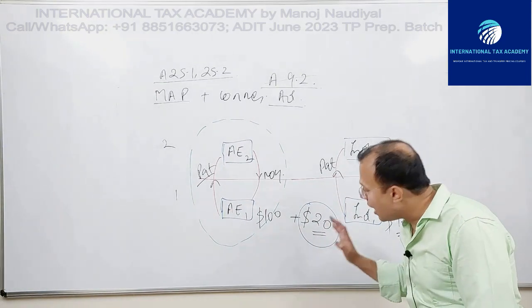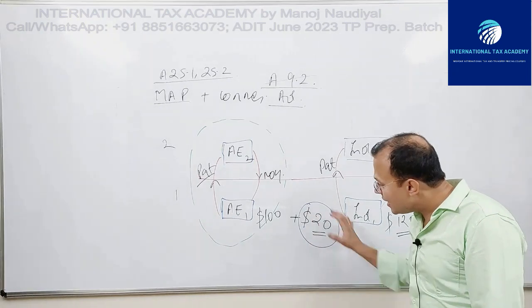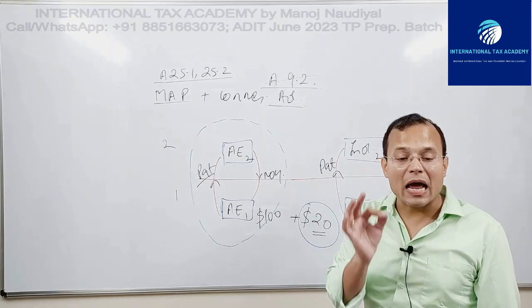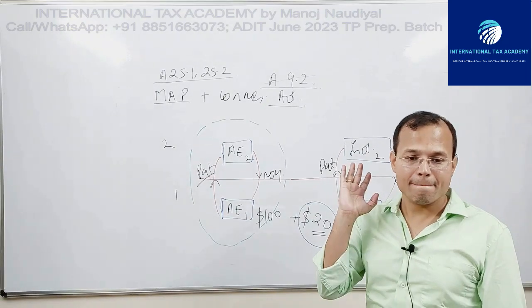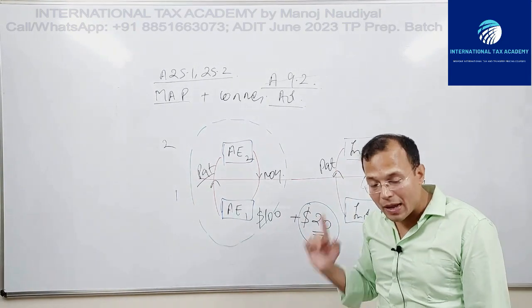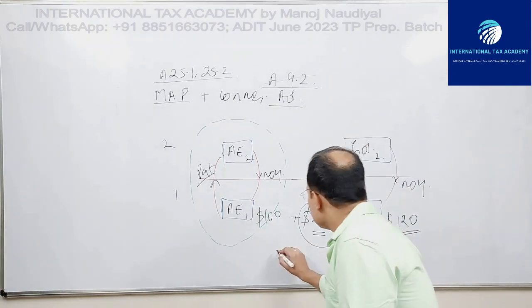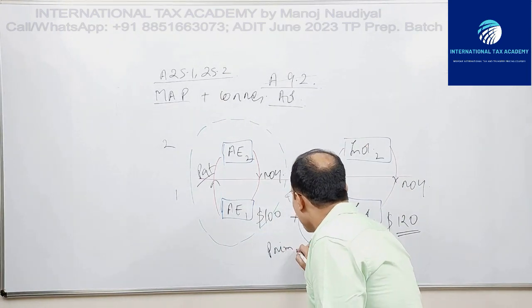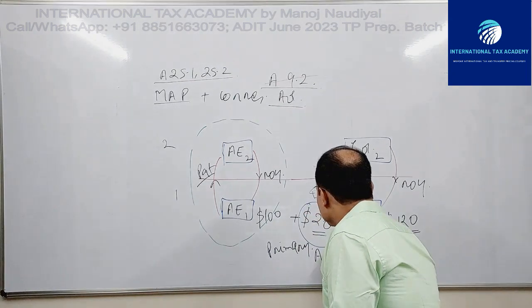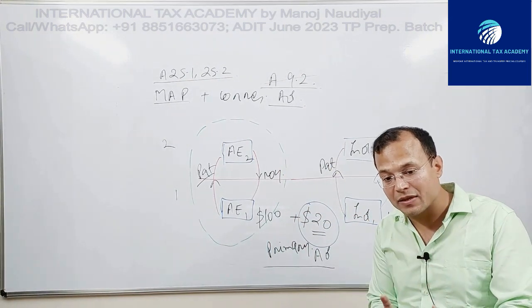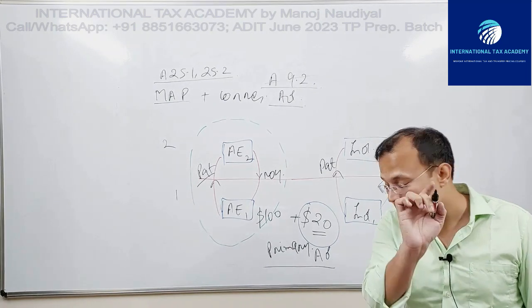This addition of plus 20 to this 100 is known as primary adjustment. Primary adjustment is as per the operation of the arm's length principle in Article 9.1.